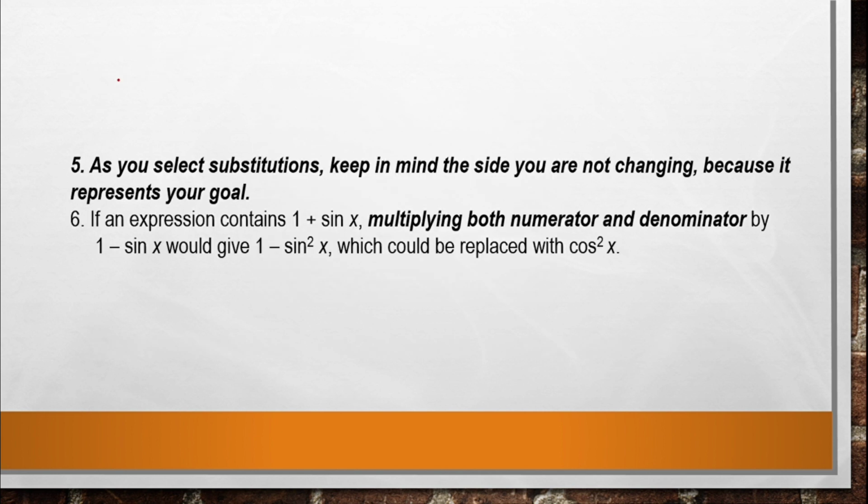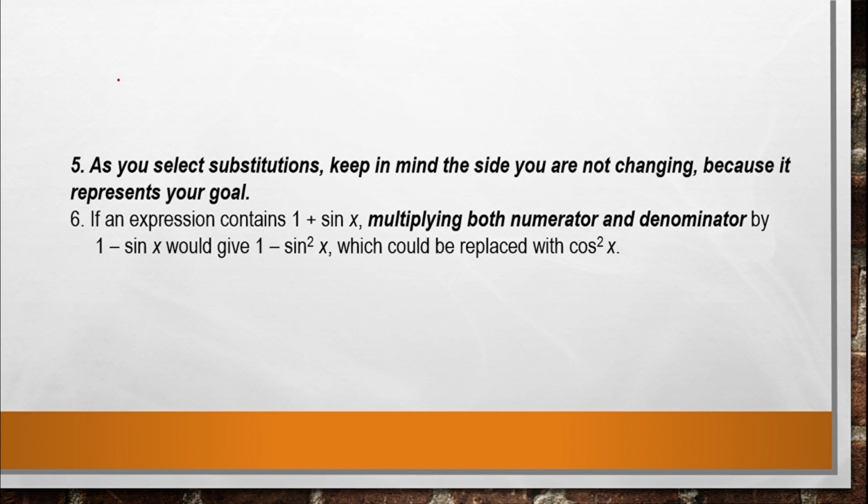So now, number 5, as you select substitutions, keep in mind the side you are not changing because it represents your goal. If you are changing the right side, your goal is your left side. If you are changing your left side, your goal is your right side. So if an expression contains 1 plus sine x, we need to multiply both numerator and denominator by 1 minus sine x, which would give 1 minus sine squared x, which could be replaced with cosine squared x.